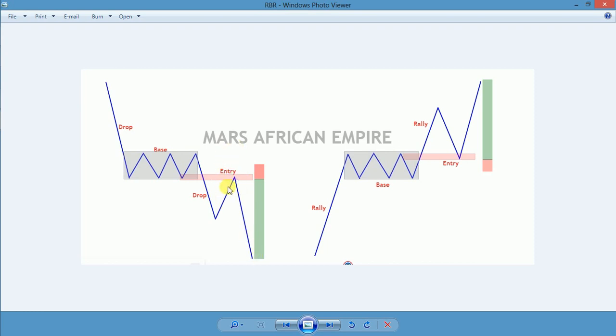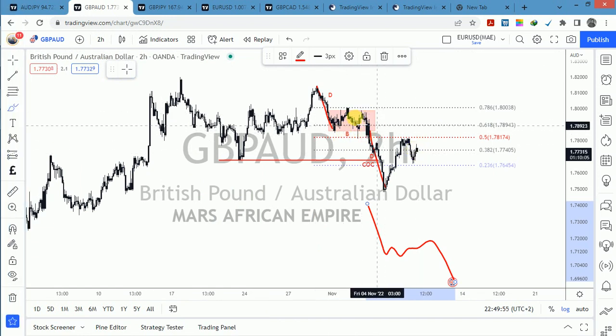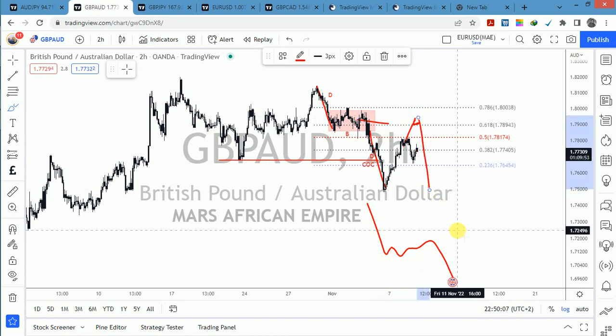So right now, we are waiting for that pair to come and retest the base, look for an order block on that base, then it can continue to drop. So that is our base. We are waiting for this pair to look for an order block within the base before we can continue to drop.